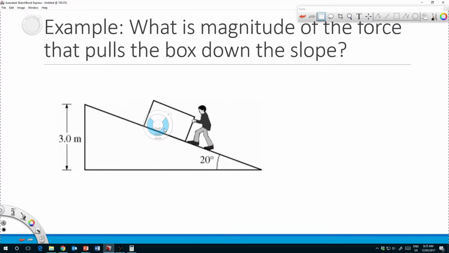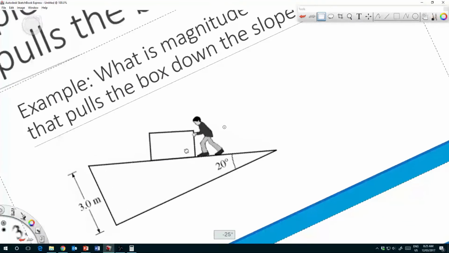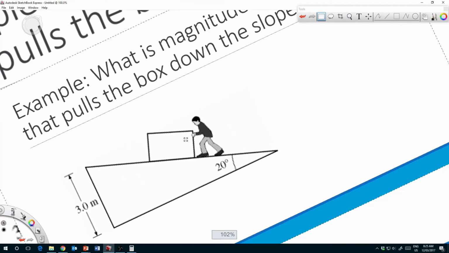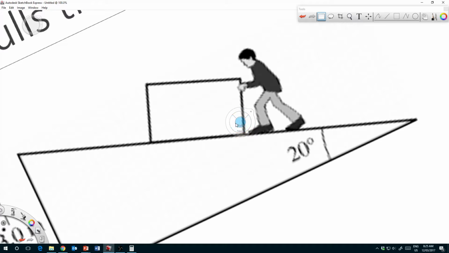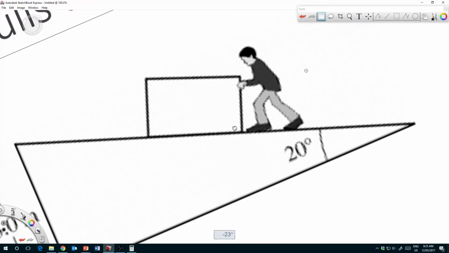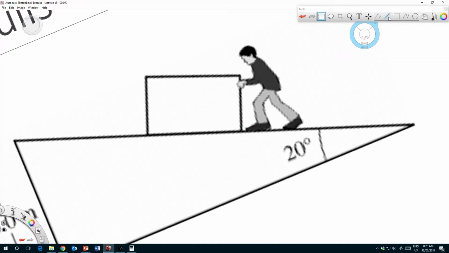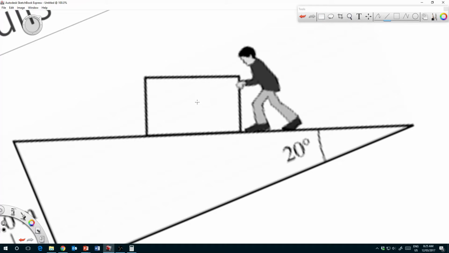Alright, so I'm going to rotate this so it's straight, and zoom in a bit so it looks a little better. There we go. Alright, so I'm going to extend the force of gravity line. Force of gravity will go from here to here, like this. There we go. Let's change that color so it's easier to see.